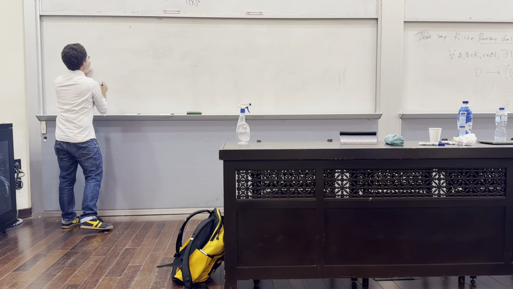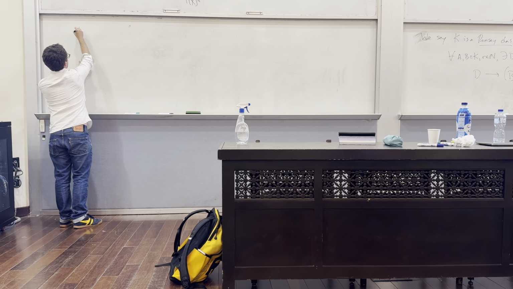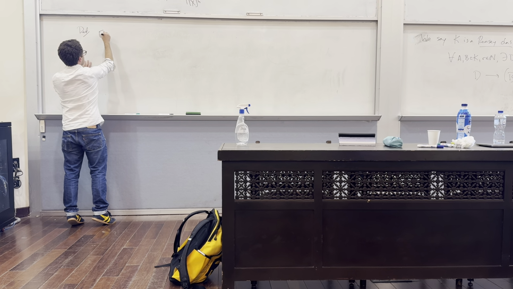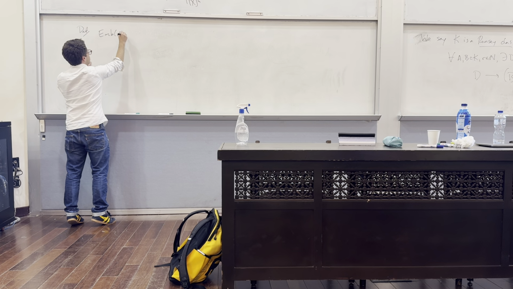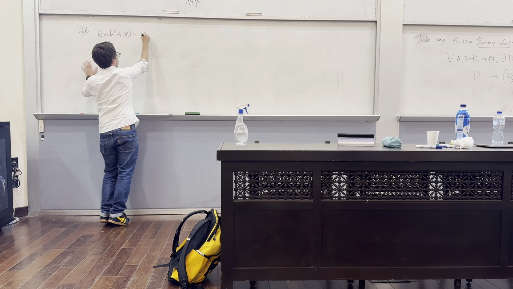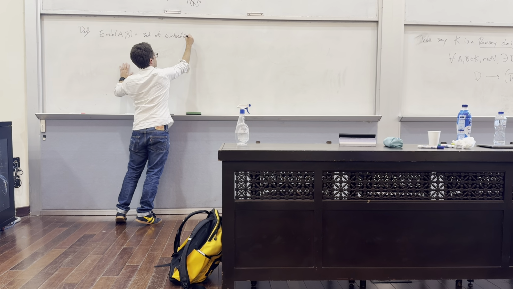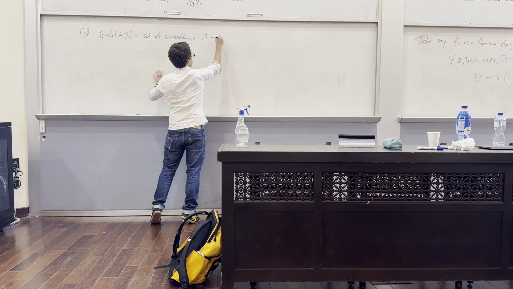We have to give some definitions. Emb(A,B) is the set of embeddings from A to B.